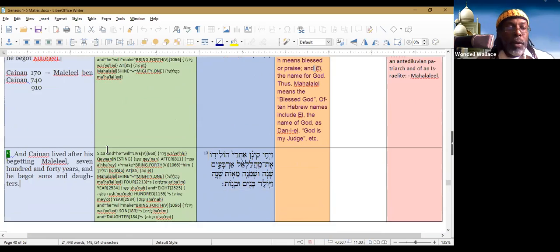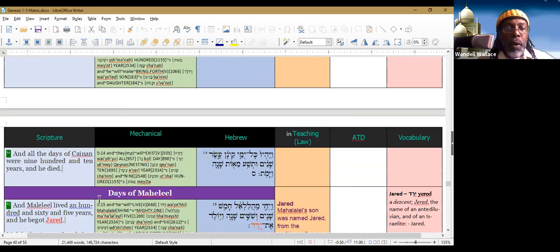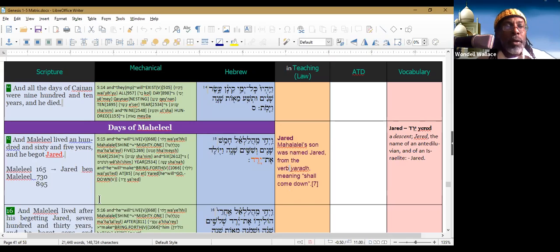All right, let's go on. Verse 13. And Canaan lived after his begetting Mahalalel 740 years, and he begot sons and daughters. All right, let's keep on going. A lot less notes than I thought I wrote down. Okay, and the days of Canaan were 910 years, and he died.